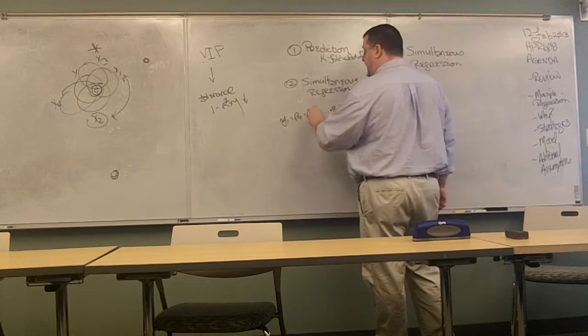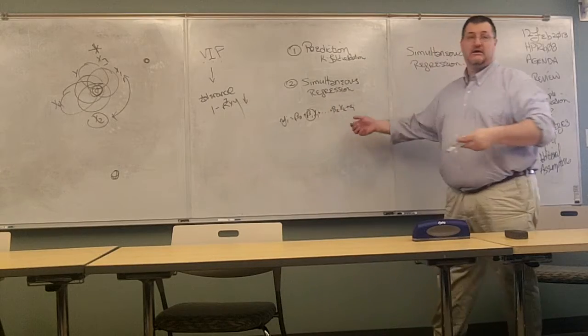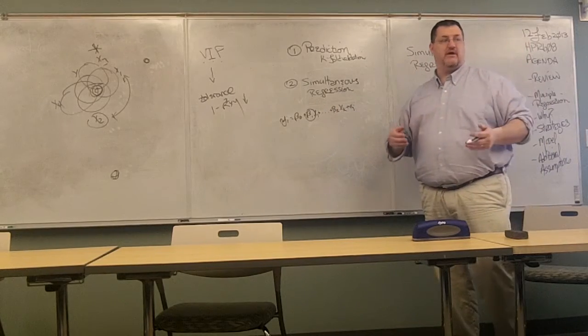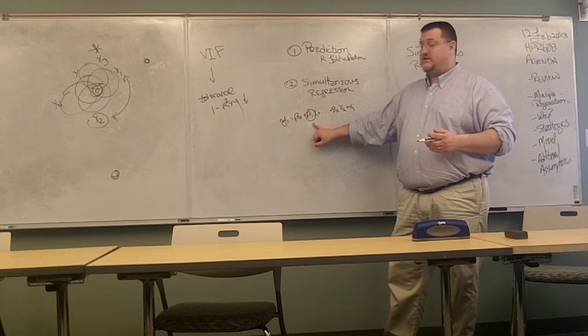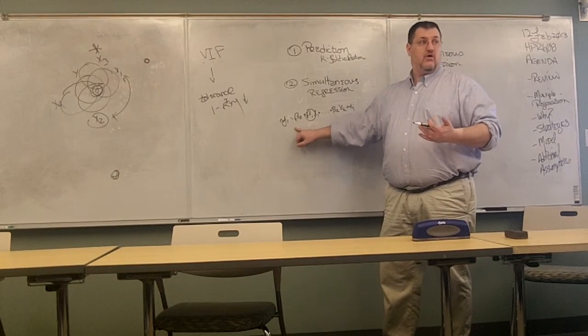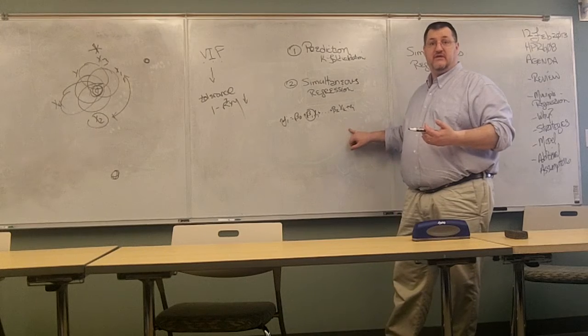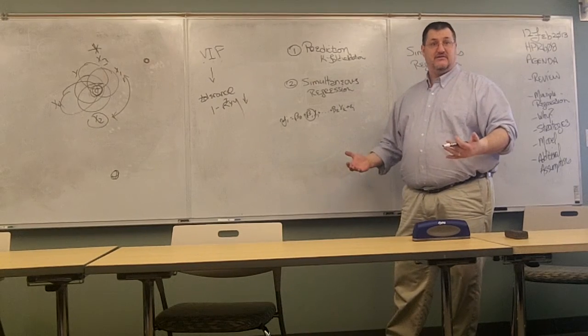I interpret beta 1 through beta k, I'm just using k as the number of predictors in my equation, as saying this is the expected change in y holding the other variables in the equation constant.